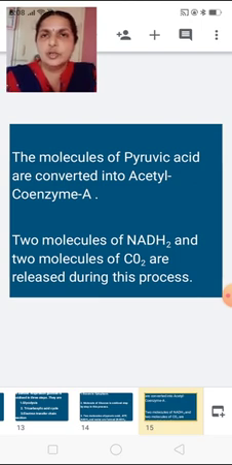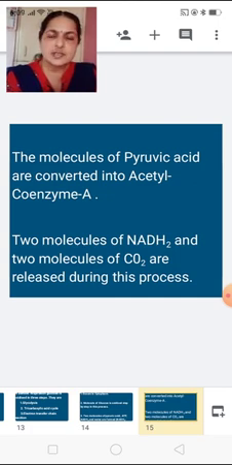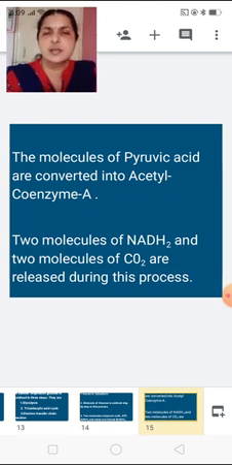You get two molecules of NADH2 and two molecules of carbon dioxide released in this process.